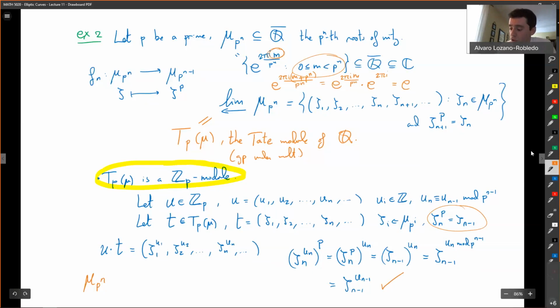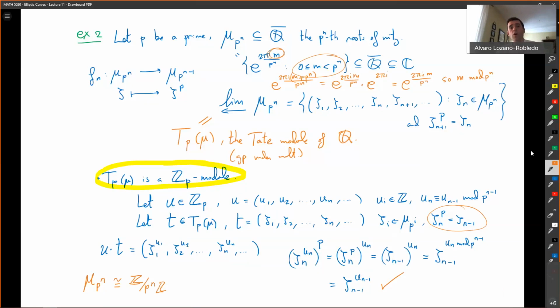So this is just e to the 2πi m over p to the n, and m only matters modulo p to the n. What that says is that the p to the n roots of unity are isomorphic as a group to Z mod p to the n Z.